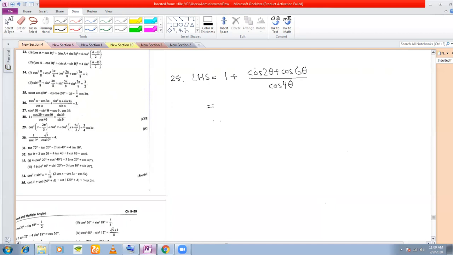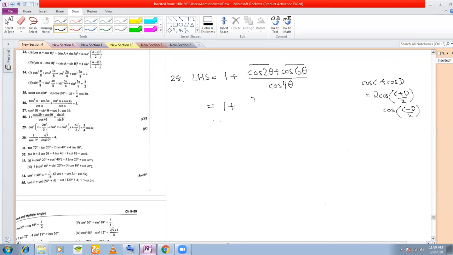So what you see here is a sum of cos 2 theta and cos 6 theta. We change this to a product by using again the same formula, cos C plus cos D is equal to twice cos (C plus D) by 2 cos (C minus D) by 2.